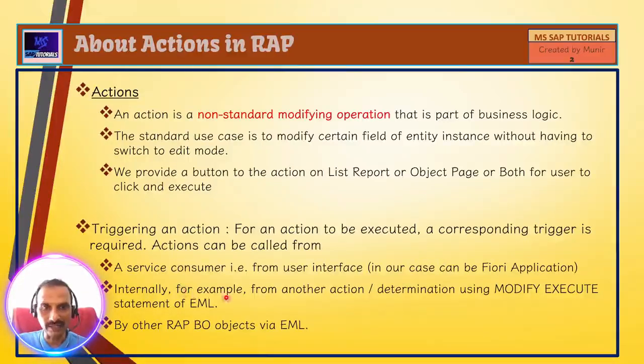Two, internally, for example, from another action and determination using modify with the execute statement in EML. And the third is from calling from another RAP BO via EML. We will be looking, as usual, at the Fiori part of it, how we can create our own action button, and then implement the action in our application.